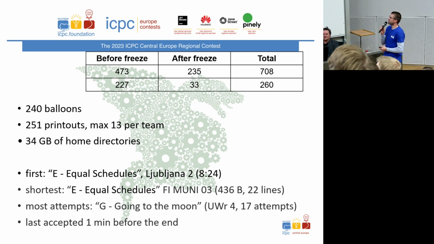All right, some special mentions for the first task that was solved. So this one was solved by our local team, Ljubljana 2, in about 8.5 minutes. Obviously, the easiest task, equal schedules.